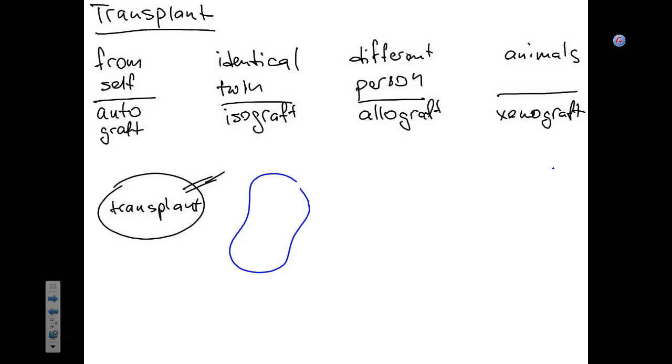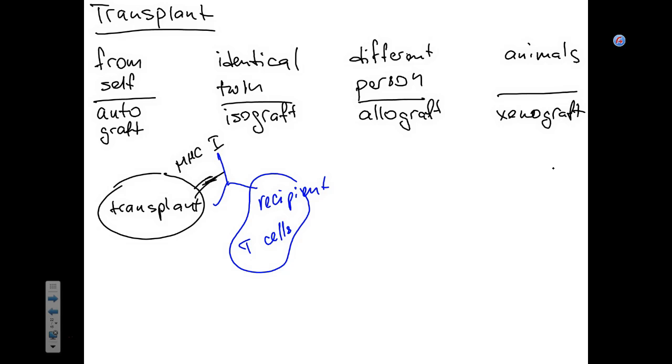And eventually you're going to get a population of recipient T cells that will recognize the MHC class 1 of the donor. And they will start to destroy the donor tissue or cause inflammation or whatever.